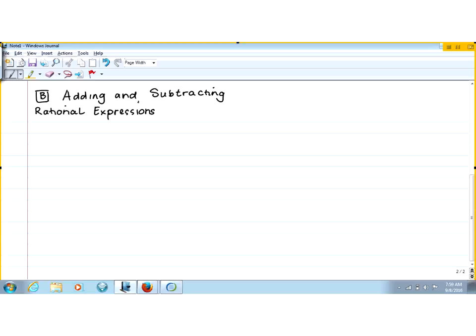All right. So you have to find the LCD first, right? As usual. So for example, what if we have 1 over x plus 3 plus 1 over x squared minus 9. So I'm adding. Okay.